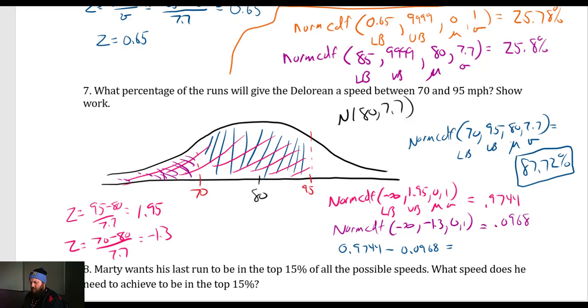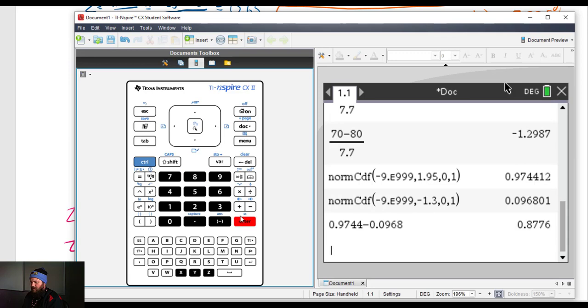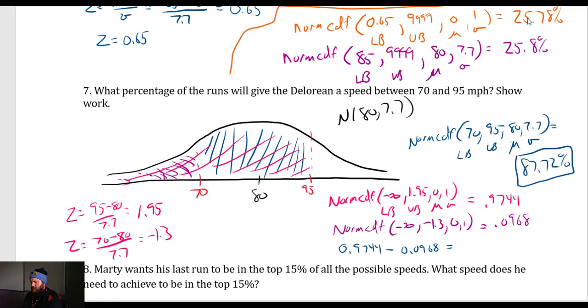And what does that give me? 0.9744 minus 0.0968 gives me 0.8776, which is 87.76%.